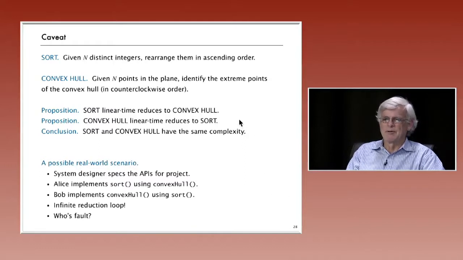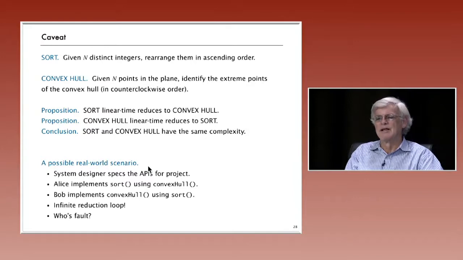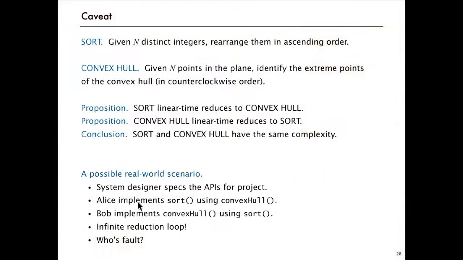Maybe some system designer has a big project and needs both sort and convex hull. One programmer is charged with implementing sort, and understands that, wow, I could do that using convex hull. I learned this cool trick. And the other one knows the Graham scan and says, okay, I'm going to implement convex hull using sort. And that's in a big system, and that's going to lead to a problem.